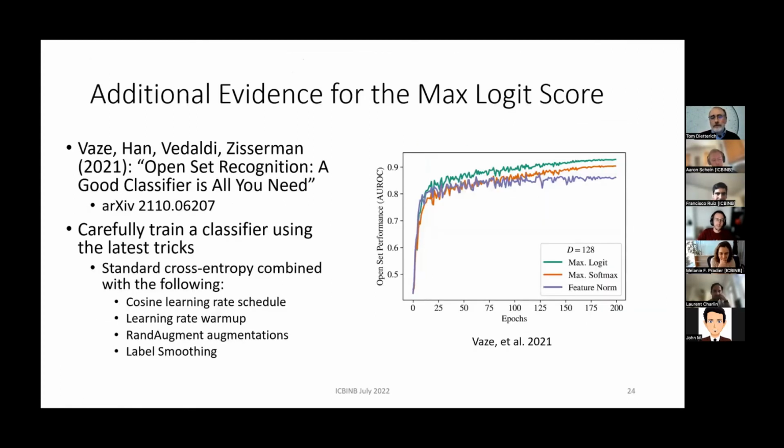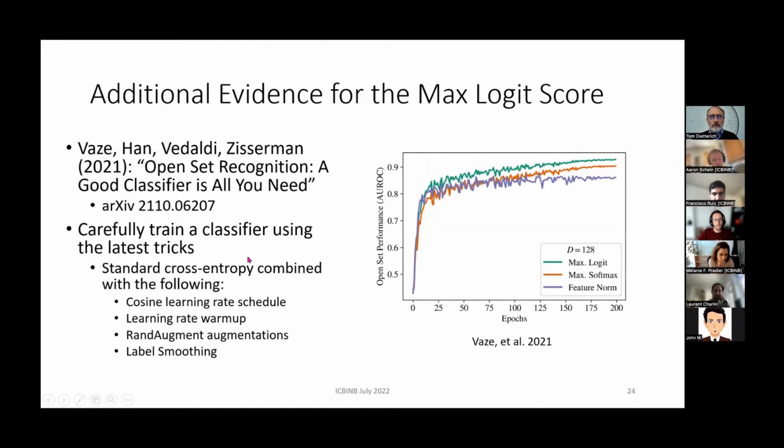Well, we weren't the only people to notice this. And in fact, there's this beautiful paper that came out of Andrew Zisserman's group at Oxford back in October of last year, and then I think appeared maybe at ICLR this year, called Open Set Recognition: A Good Classifier Is All You Need.